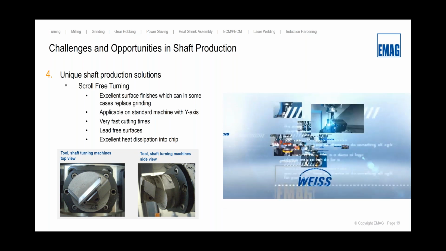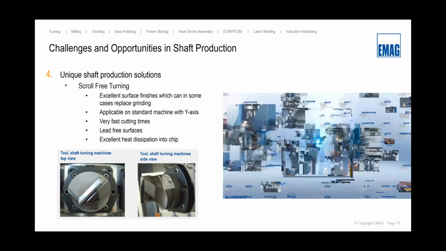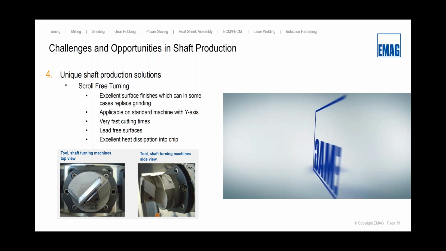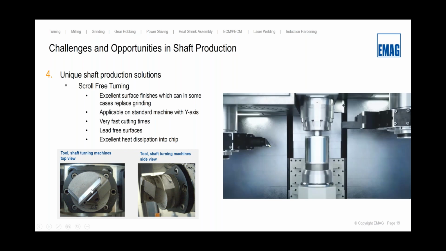But what's really interesting about scroll-free turning, if you look at the tooling on the left, you'll see that I don't have a standard single nose radius type insert. Rather, I have a blade at a 45-degree angle.